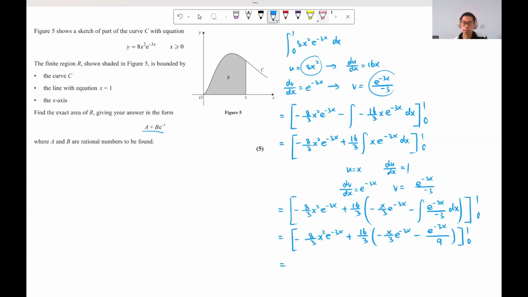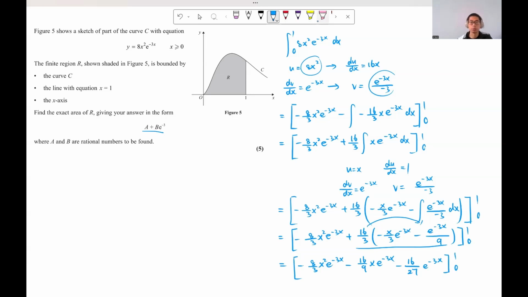I will expand the brackets for this part to make it simpler. Negative 8 over 3 x squared e to the power negative 3x, and then positive times negative becomes negative, and 16 over 3 times 1 over 3 would be 16 over 9, x e to the power negative 3x. And again, positive times negative becomes negative, so negative 16 over 3 times 9 is 27, e to the power negative 3x, with the limits 1 and 0.